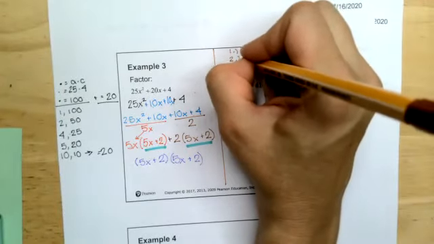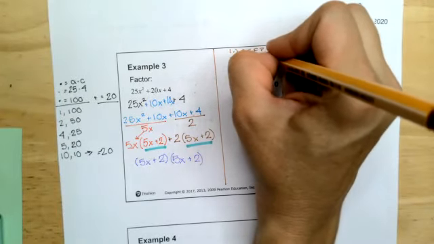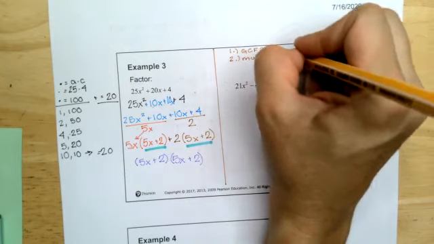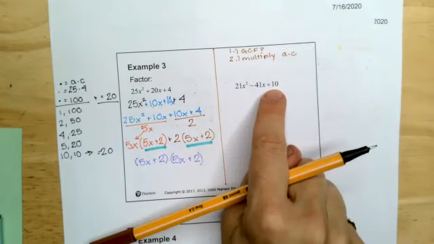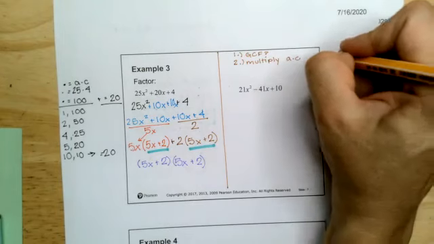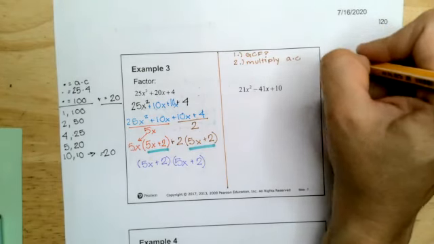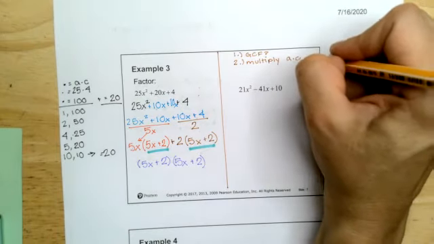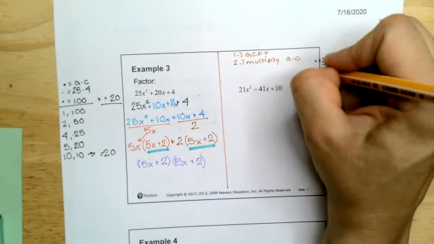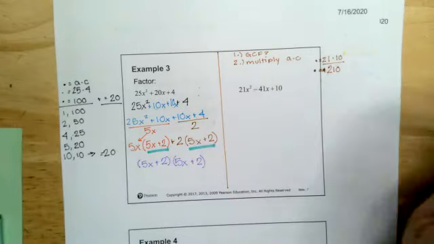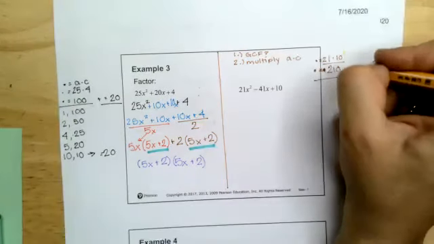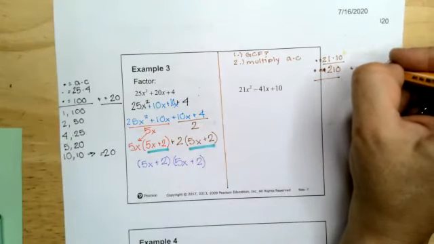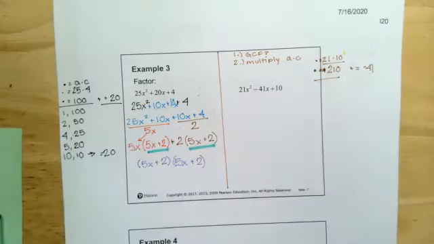Then we multiply A times C. In this case, A is 21, C is 10. 21 times 10 is 210. So it needs to multiply to equal 210, and it needs to add to equal negative 41.